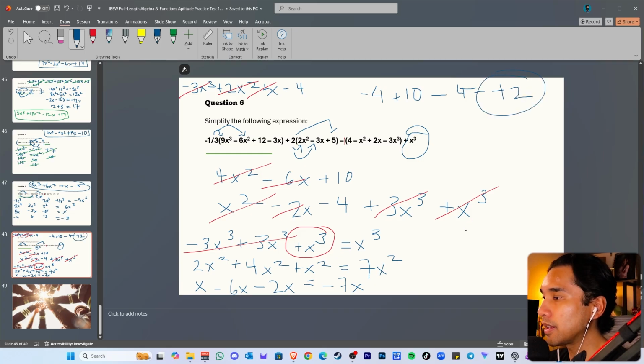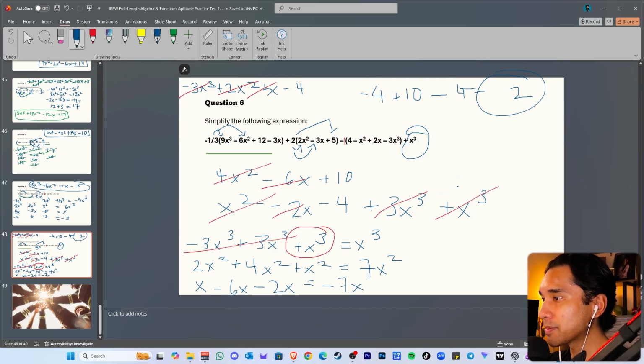You don't have to write it like that, that was just to exaggerate, but it's actually just 2. And what I did there is minus 4 minus 4, that equals negative 8, plus 10, that equals 2. That's all I did there.